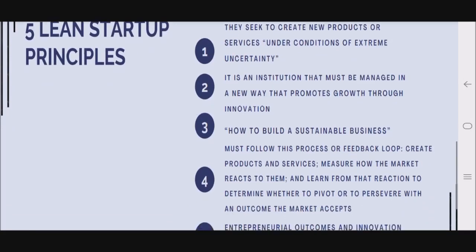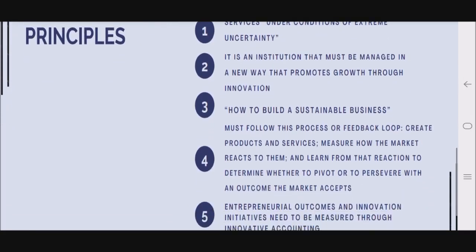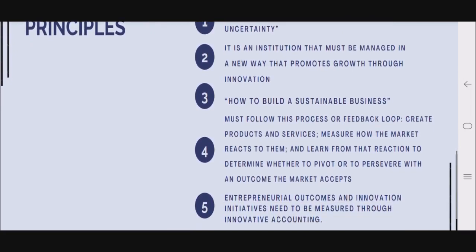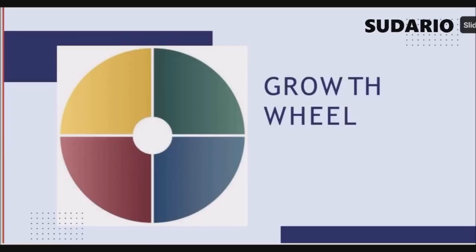Fourth, must follow this process or feedback loop: create products and services, measure how the market reacts to them, and learn from the reaction to determine whether to pivot or to persevere with an outcome the market accepts. Fifth, entrepreneurial outcomes and innovation initiatives need to be measured through innovative accounting.